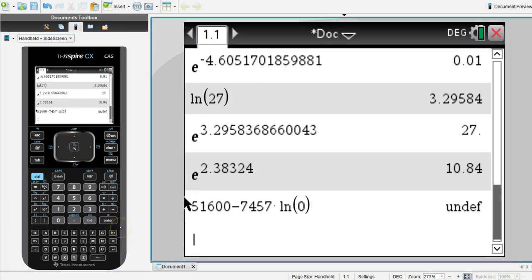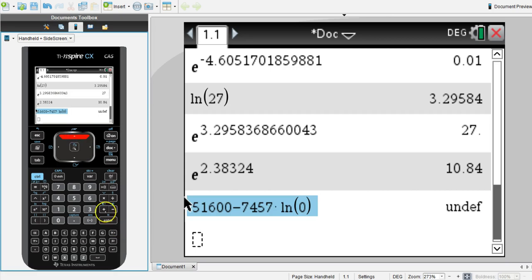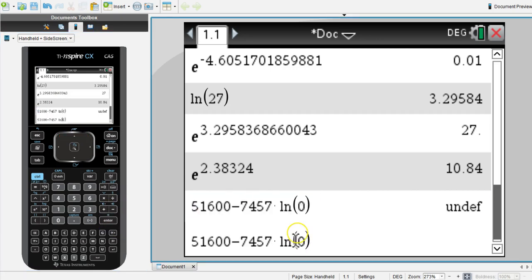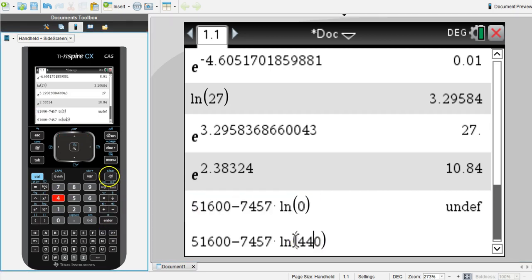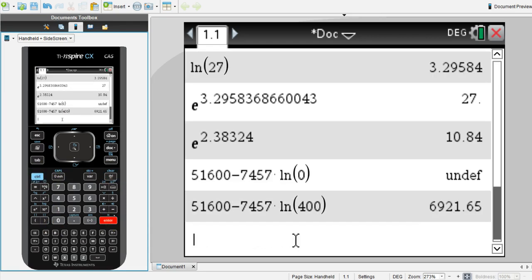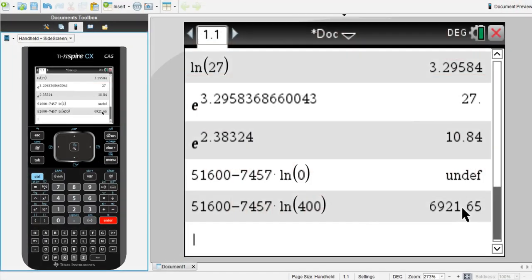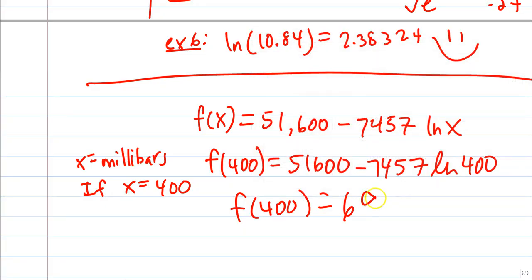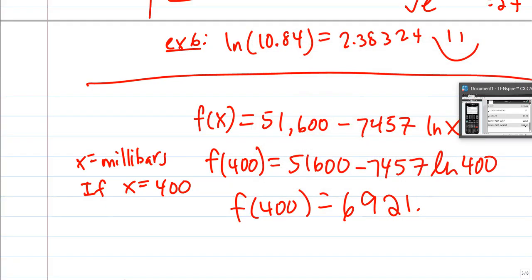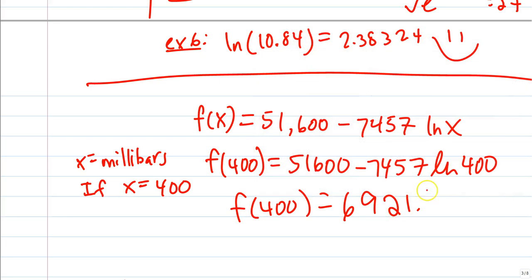Who's got the button? All right. How about instead of 0, we do 400. Try that again. How about 6,921.65? 6,921.65.